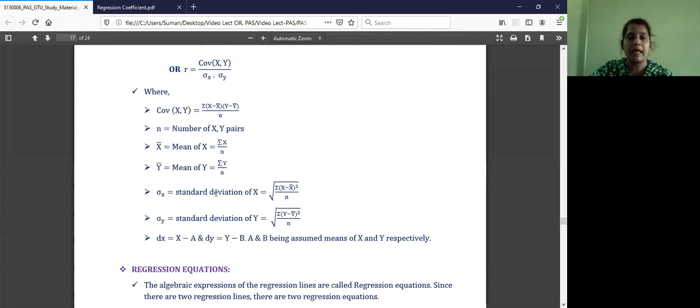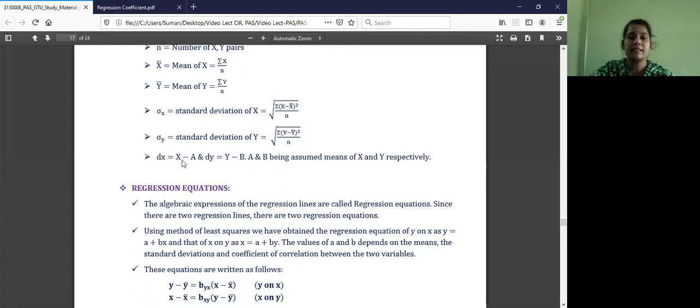Sigma x is equal to the standard deviation of x, and the formula is under root summation x minus x bar whole square divided by number of terms. Sigma y is the standard deviation of y, that means under root summation y minus y bar whole square divided by number of terms.